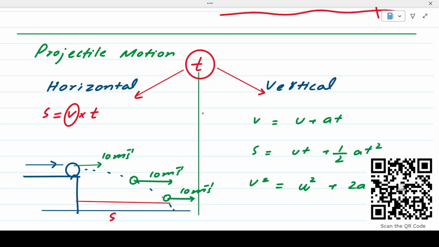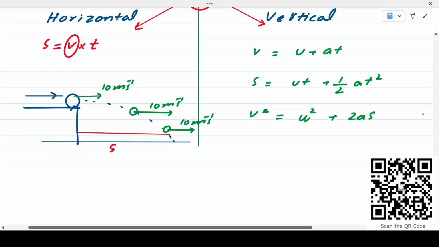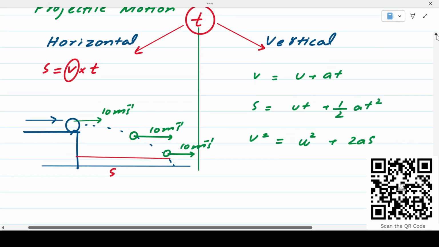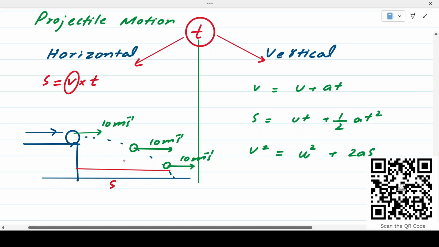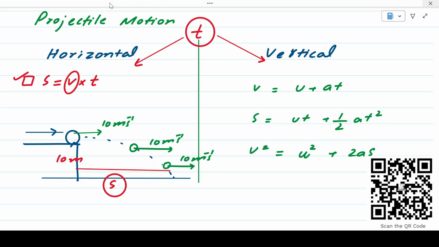It is very much possible that, let's say, you need to find this distance, the horizontal displacement covered by the projectile that goes to the ground. The height is given as 10 meters, let's just assume. Since we need to find the horizontal displacement, I should be using this equation, s equals vt, and I know the horizontal velocity also.